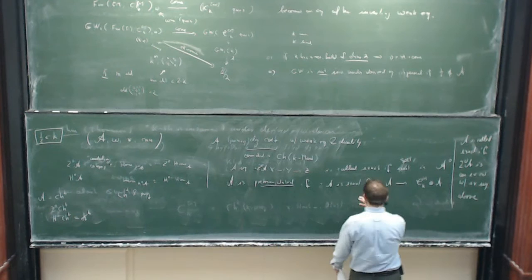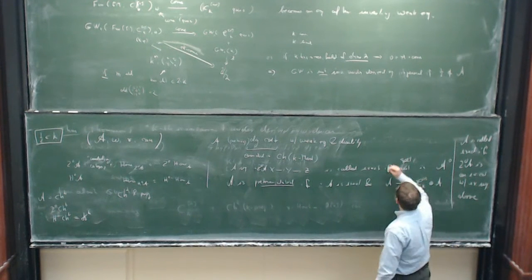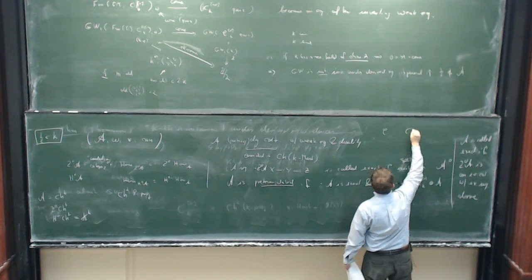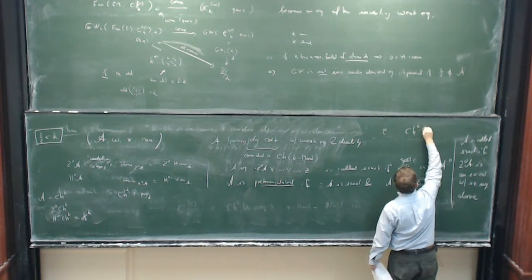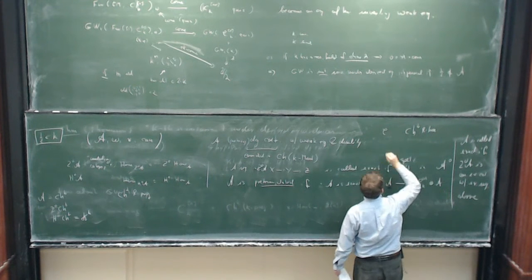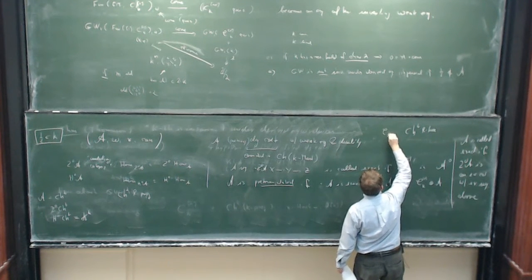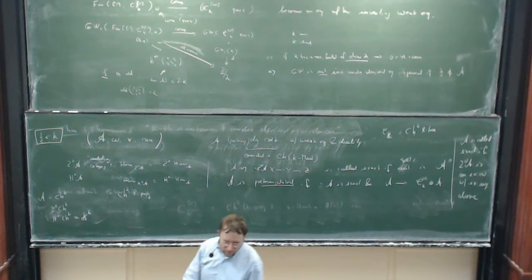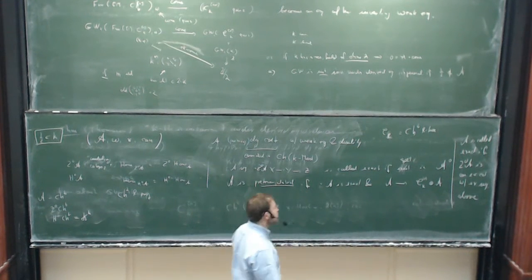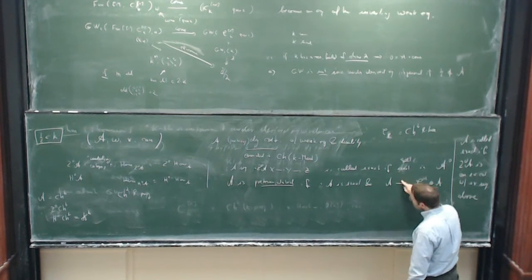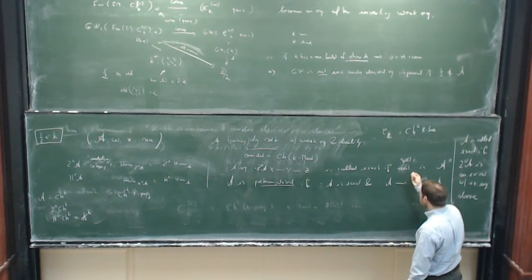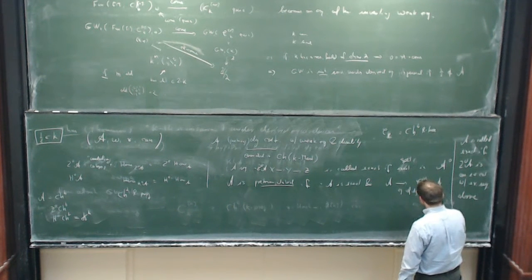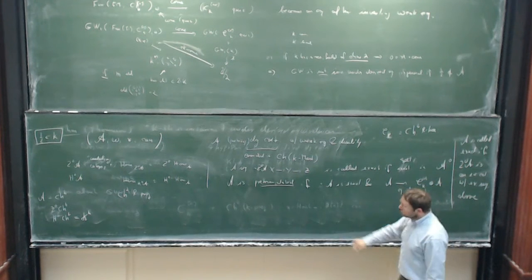Pre-triangulated means exact, and for this definition I want this to be just the free modules, bounded chain complexes of free modules. And then I require this to be an equivalence of DG categories. But in fact, you only need to check it as an equivalence on the underlying categories.